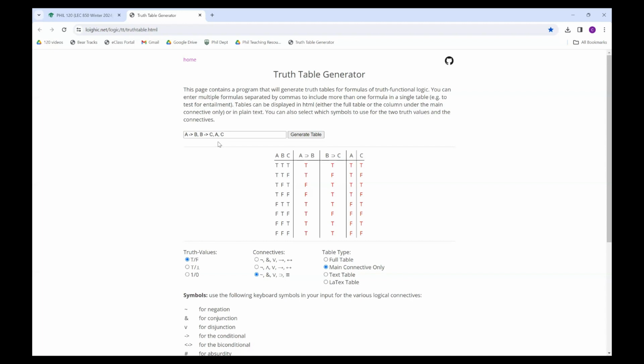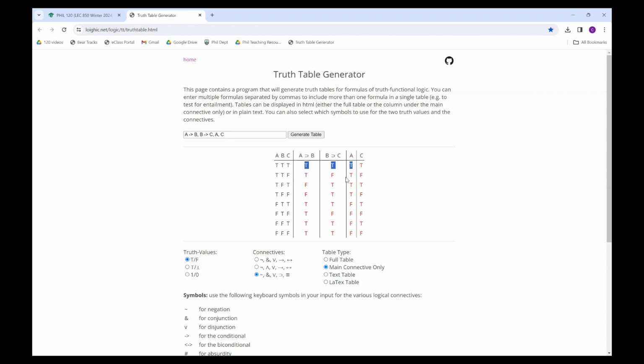If your set has, say, 6 or 7 sentences in it, then going through and trying to find the rows where those are all true is a huge pain. In that case, it's probably going to be easier to look for the rows where the target is false, and then go back and check whether all the members of the set are true in those cases. Here, the easiest thing to do is to find where all members of the set are true.